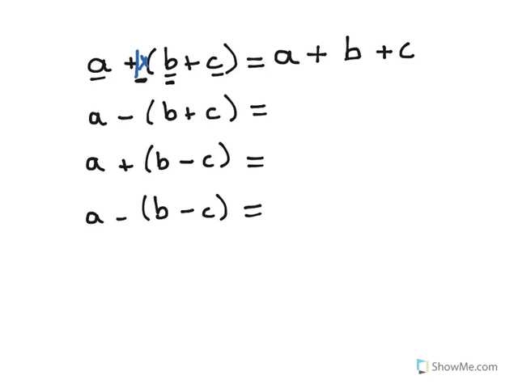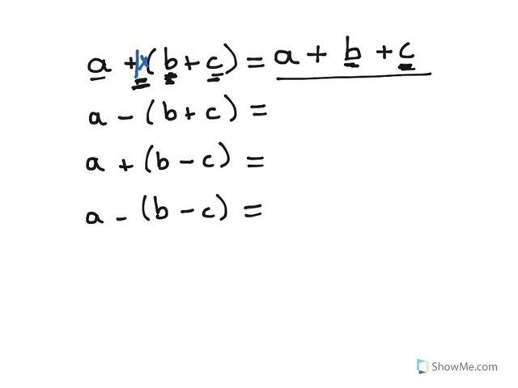So the number outside the front of the bracket gets multiplied by everything inside. First, that's plus 1 gets multiplied by the b to give us plus b. And then the plus 1 gets multiplied by the plus c. 1 times c is going to give us plus 1c, and we write it just like that. So with all pluses everywhere, it's super easy and very difficult to make a mistake.